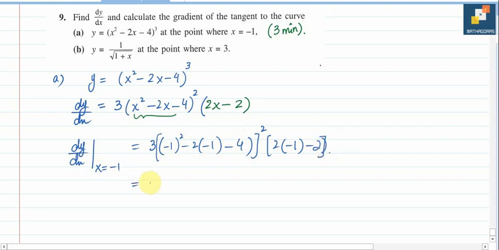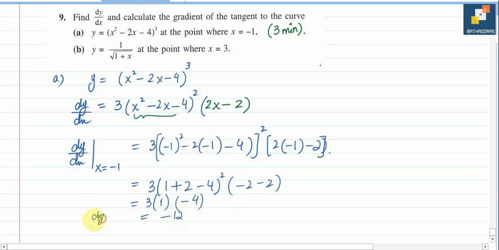Minus 1 square is 1, minus minus is plus 2, minus 4, it will be minus 1, and 2 minus 1 minus 2 is minus 4. The final answer is minus 12, that is the derivative of the function at x equals minus 1, and that is your final answer.